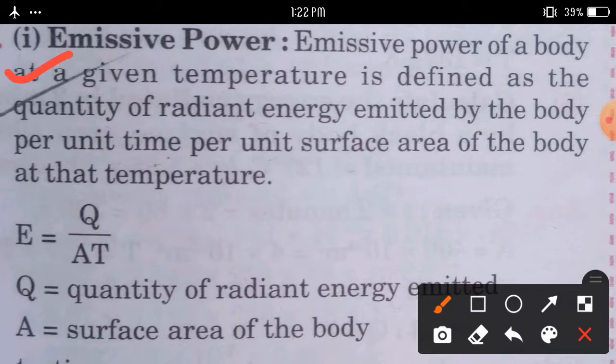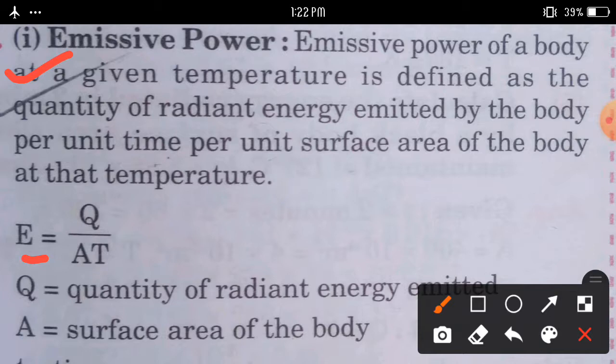This emissive power is denoted by capital E. Then the quantity of radiated energy emitted by the body is Q. Unit surface area is capital A, and T is the temperature.